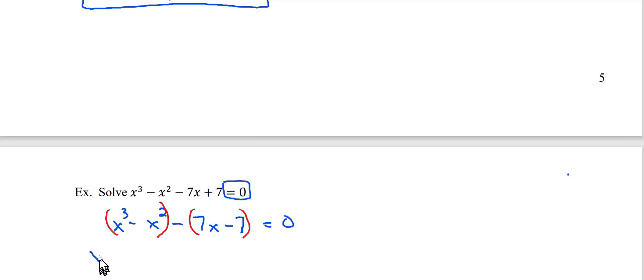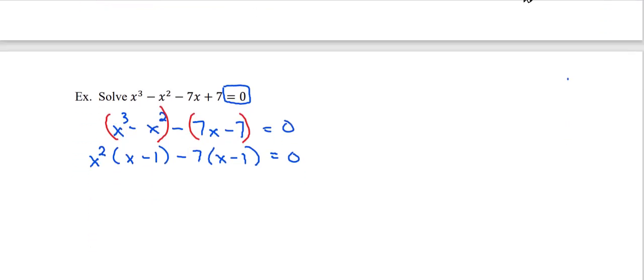The way we do factoring by grouping is we factor out the GCF out of each group. So we take this first group, the greatest common factor is x squared, we factor that out. The second group, the greatest common factor is 7, so we factor that out.